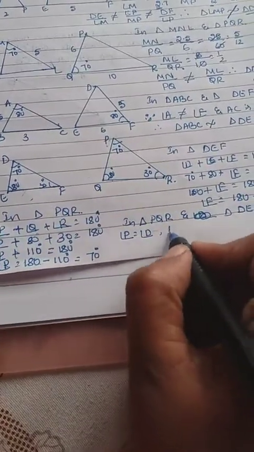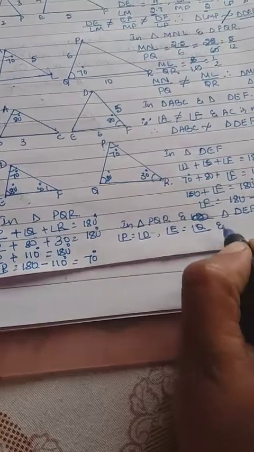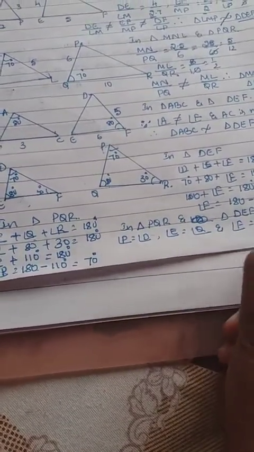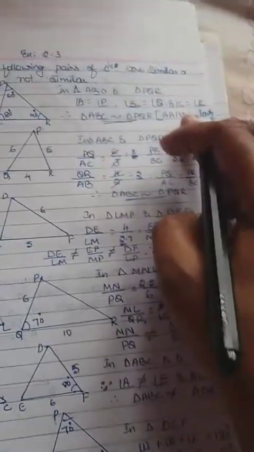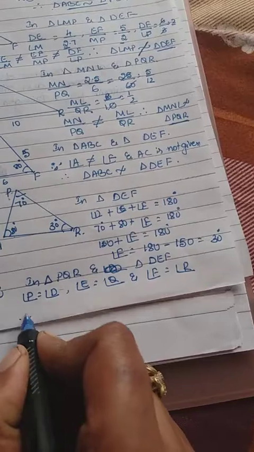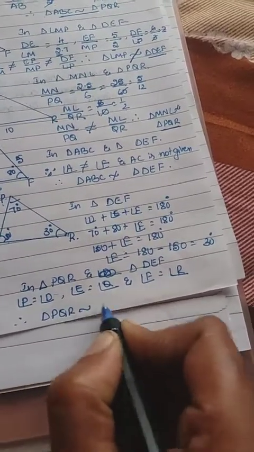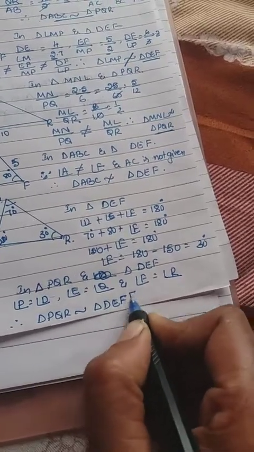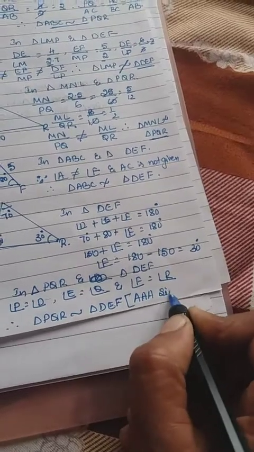Next, angle E equals angle Q and angle F equals angle R. So if all the angles are equal, the first one we have proved, the same. So therefore we can write triangle PQR is similar to triangle DEF. Which criteria? Similarity criteria.